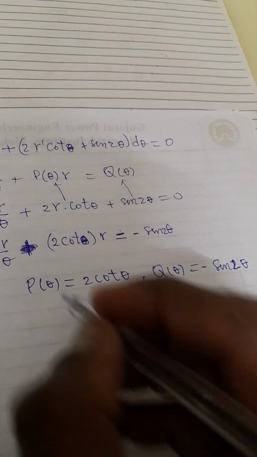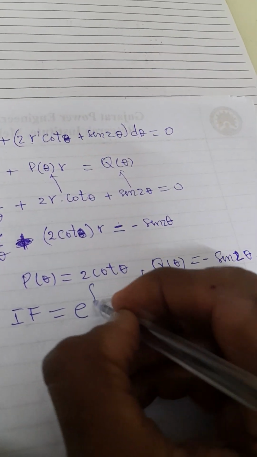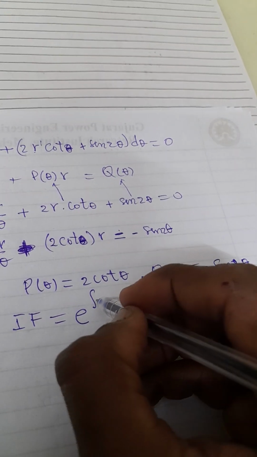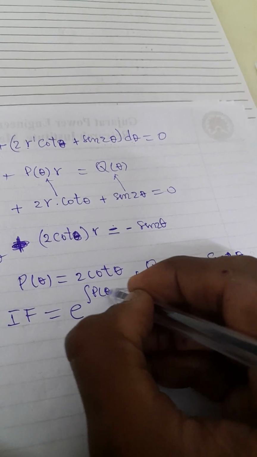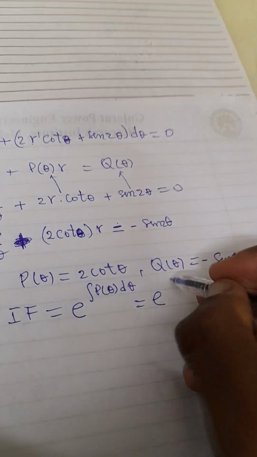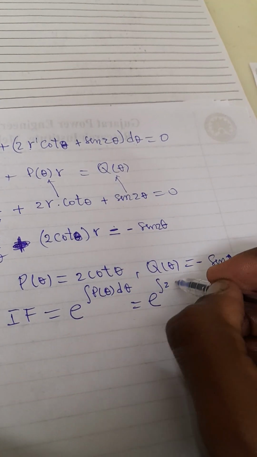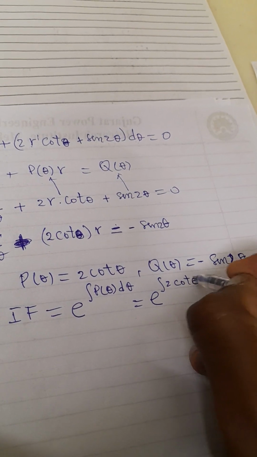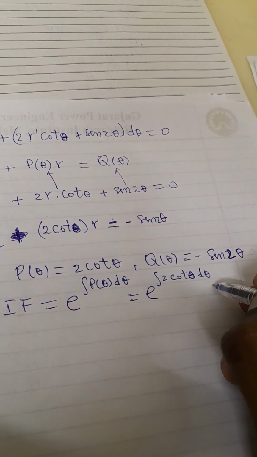Now let us find the integrating factor. It will be e raised to the integration of p theta d theta. What is p theta? 2 cotangent theta d theta.